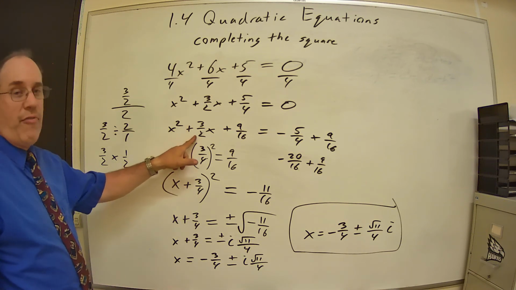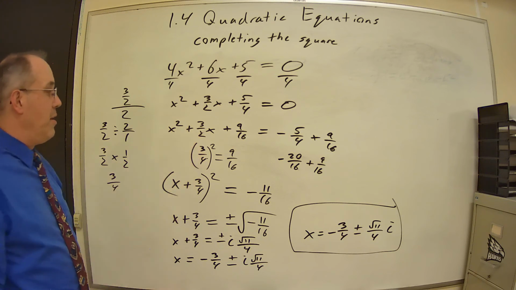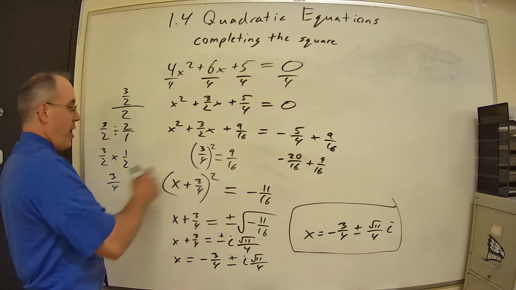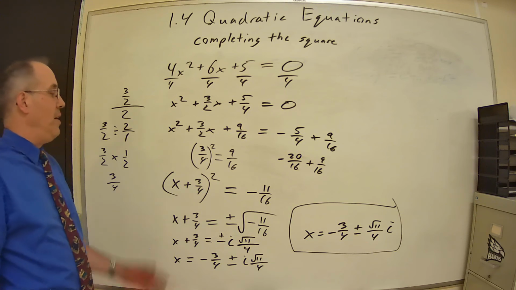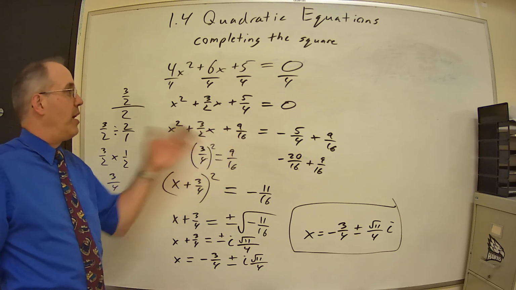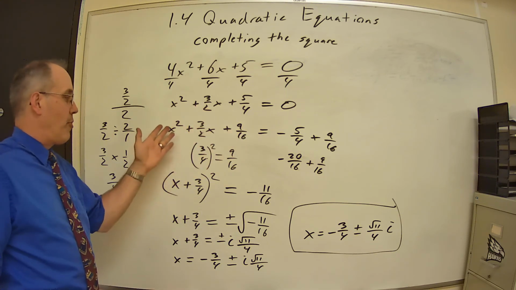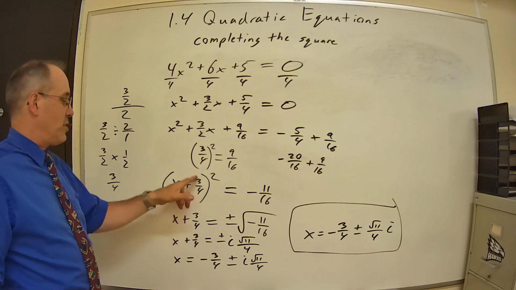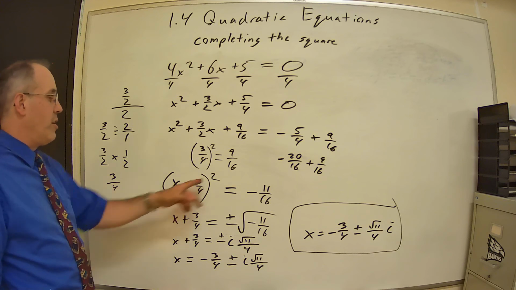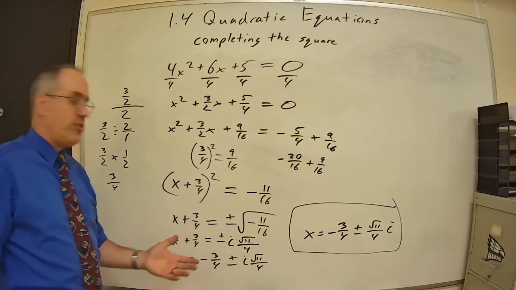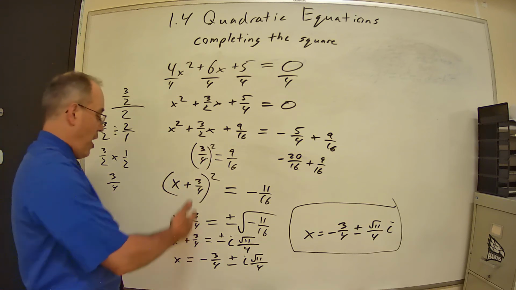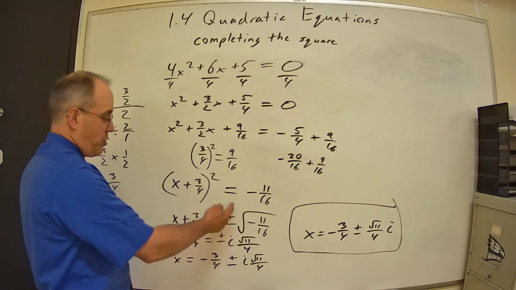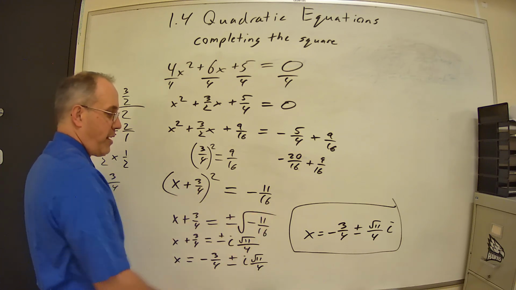We just took half of that coefficient. Then to get this one, we just squared that value. And that put us into the point of having our perfect square. So now we could say x plus 3/4, this value that we got here, squared, which allowed us to use the square root property, take the square root of both sides, which means we're going to put plus or minus in front of the radical.